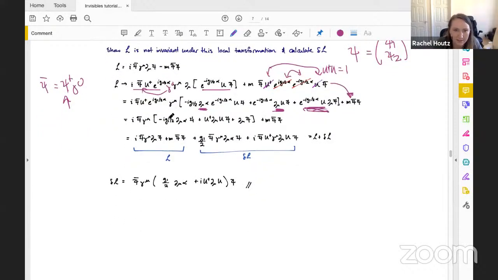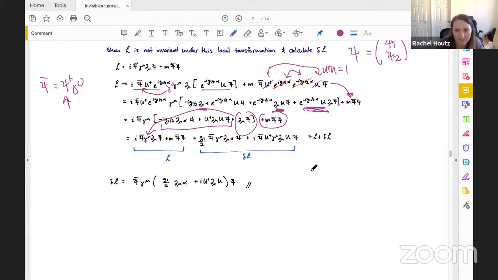So I try to condense things and I pull out factors that do in fact cancel. And we end up with these leftover pieces again. And so rewriting it, we find this term does in fact come back into the expression that looks like the original Lagrangian. The mass term also does. But these extra terms here show up in the variation of the Lagrangian.